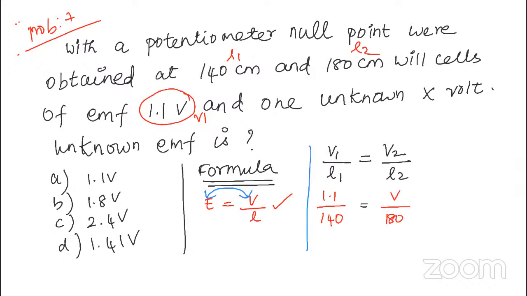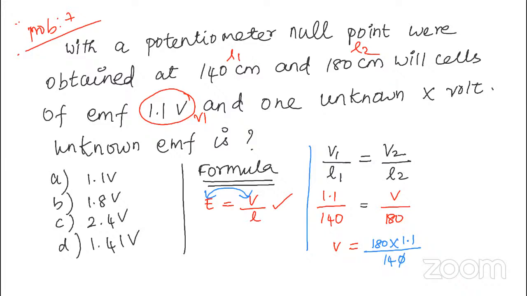Okay. So let us now find out the unknown value. So V is equal to, what is it? Here, 180 into 1.1 divided by 140.